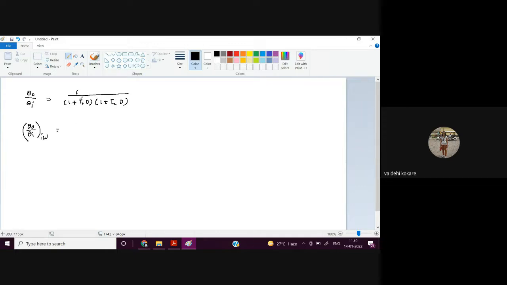See, now this one can be written in I omega form. If I am not audible or the screen is not visible, please let me know. So now this can be written as 1 plus 0 I. And for D we are substituting I omega.